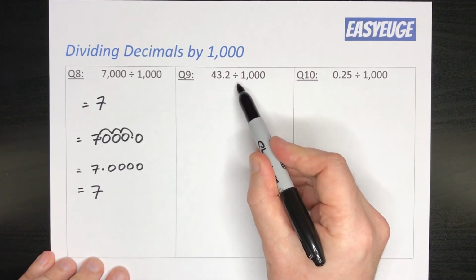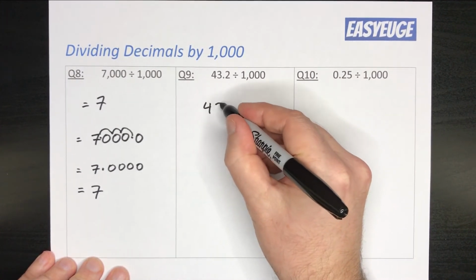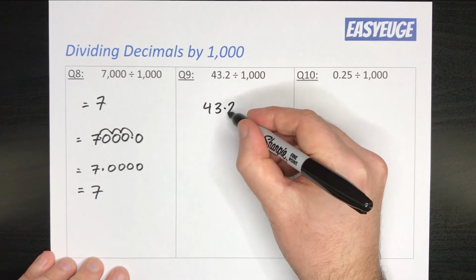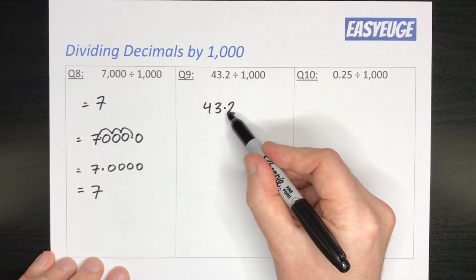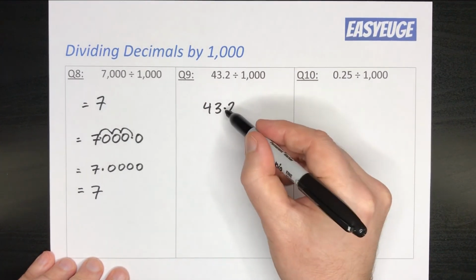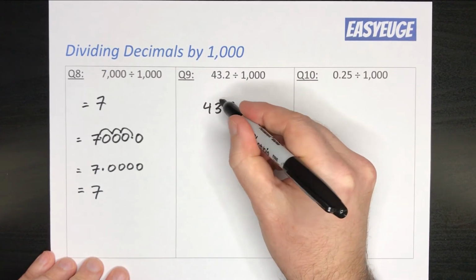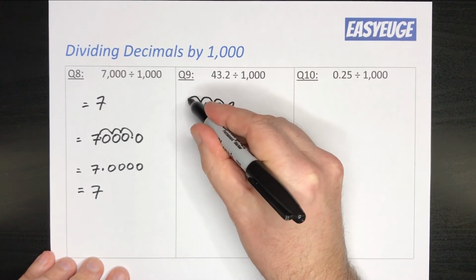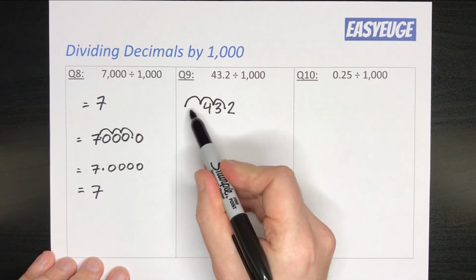43.2 divided by 1,000. Very simply, start by writing down the number 43.2. We don't have to add the decimal point in because it's right there already. So let's jump this decimal point 3 places to the left. 1, 2, 3. Oh gosh, we're jumping out across free space again.